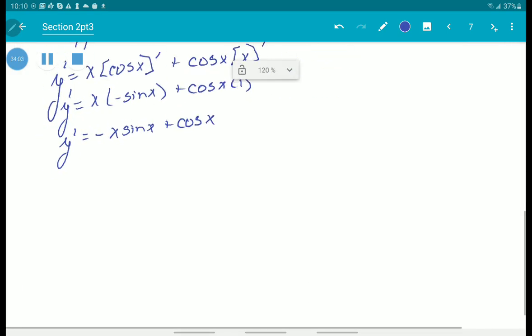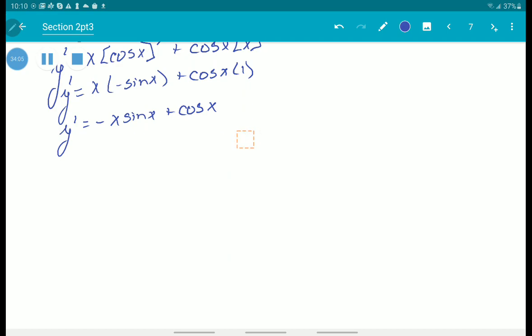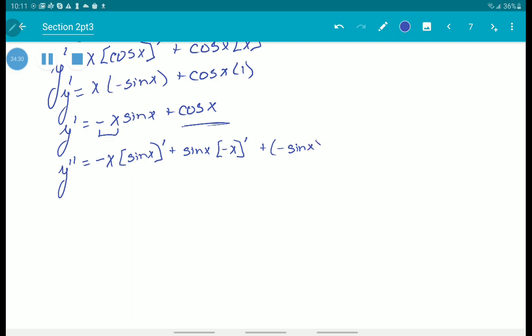So if I want the second derivative, I have to take the derivative of this guy. So second derivative, notice the notation that I'm using here. Still going to be a product rule. So it's the first one times the derivative of the second. So here's my setup. Plus the second times the derivative of the first. And then I'm going to take the derivative of the cosine, which is negative sine. So setup. Let's take derivatives. Derivative of the sine is cosine.